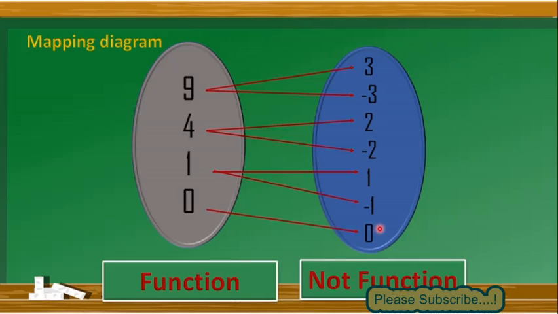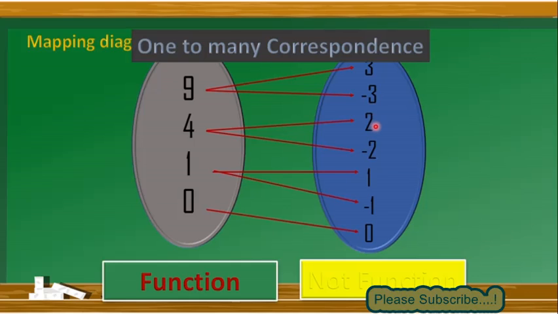So this is not a function. Why? Because as you can see, 9 is associated to one or more values of y. This is what we call one-to-many correspondence. This is not a function.